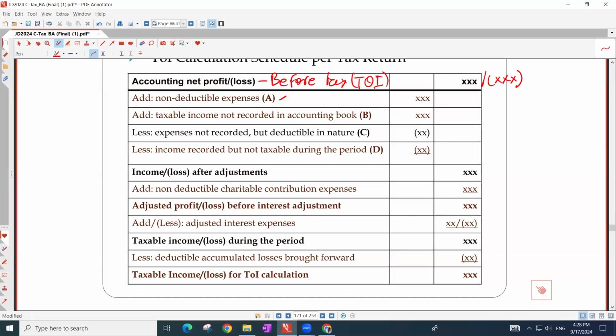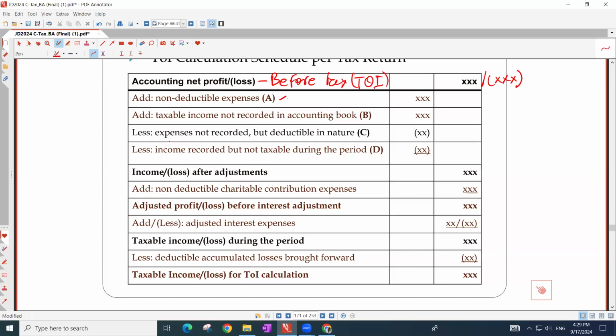So we will learn what kinds of non-deductible expense we need to know, and what kinds of taxable incomes are not recorded in accounting but taxable under income tax law. And then we will learn about expenses not recorded but deductible in nature. I give you an example: at the moment, it is tax depreciation. But there's still more.